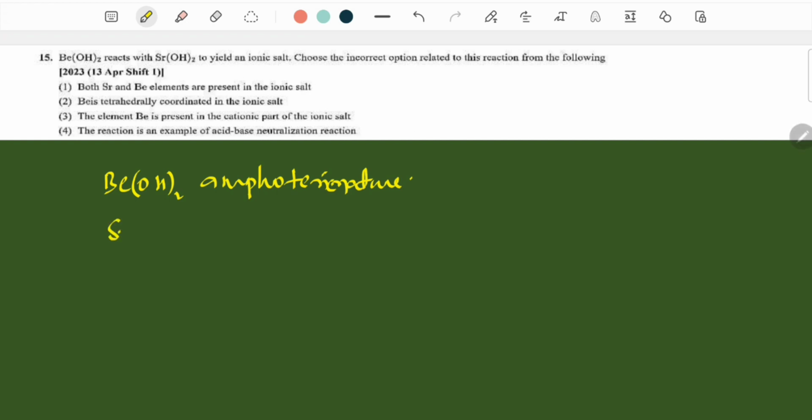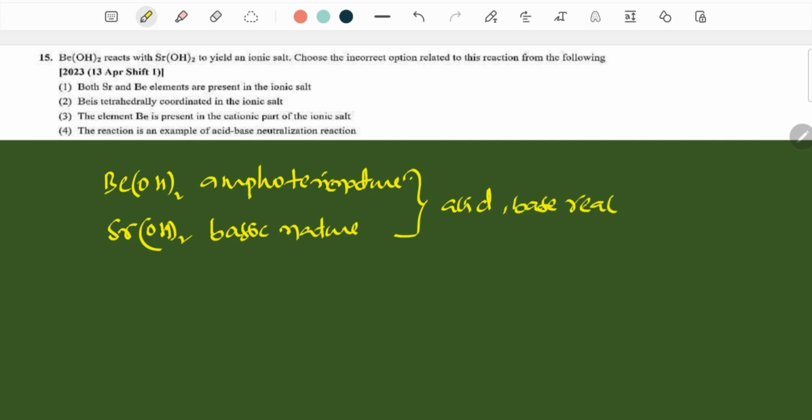Strontium hydroxide has basic nature. Beryllium hydroxide is amphoteric and strontium hydroxide is basic. These two compounds undergo an acid-base reaction to get a salt.